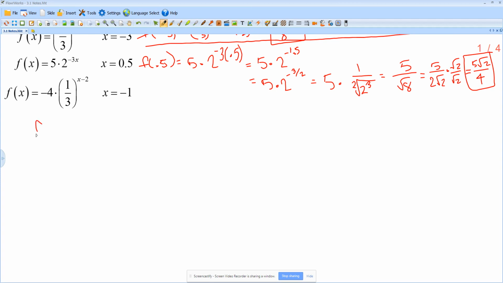All right, next, if I want f of -1, it's going to be -4 times 1/3 to the -1 minus 2. That gives me -4 times 1/3 to the -3. 1/3 to the negative means that this is going to flip over and become 3, raised to the positive.